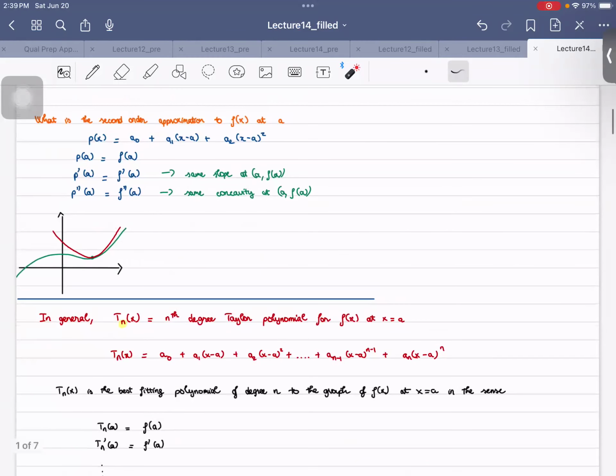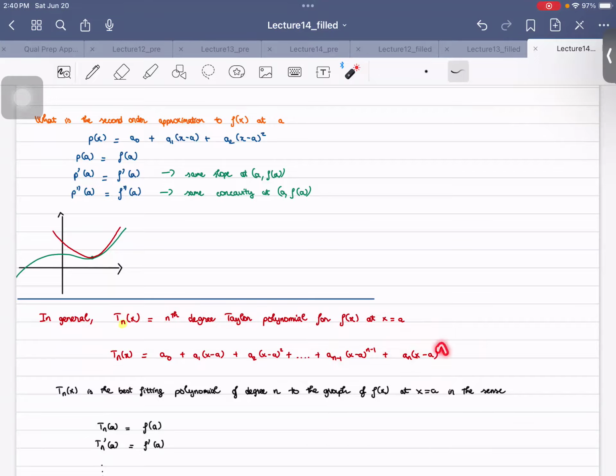So let me consider the general definition of the Taylor polynomial. Let me denote T sub n of x as the nth degree Taylor polynomial for the function f of x at the point x equal to a. Because this is an nth degree polynomial, the highest power of the polynomial will be n.